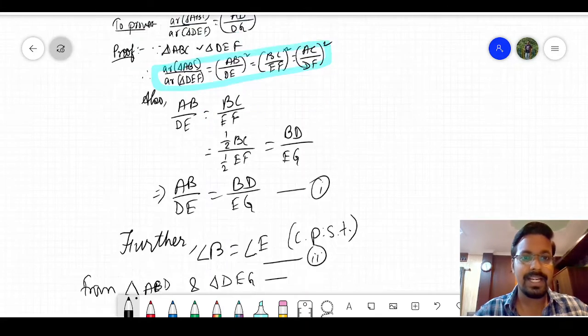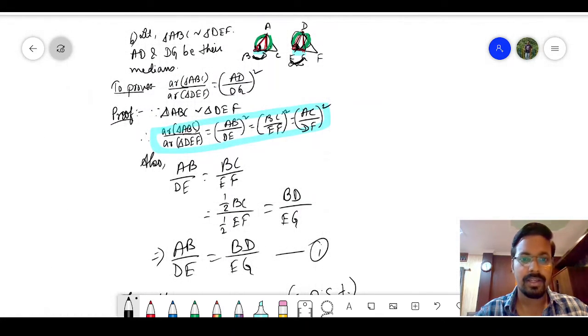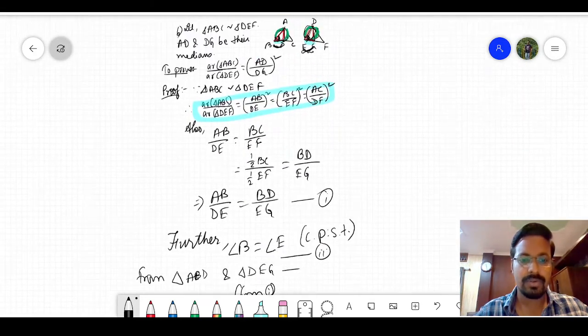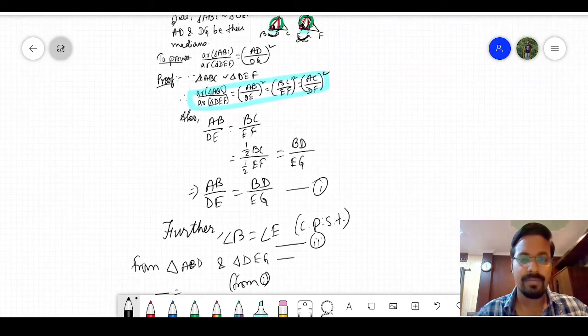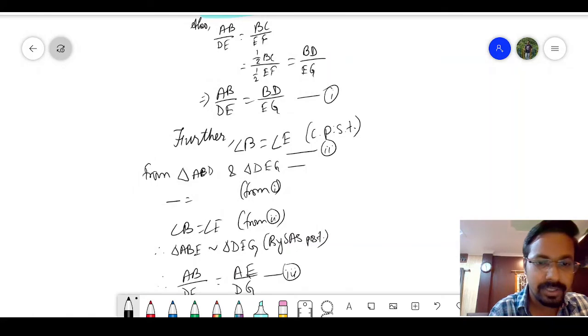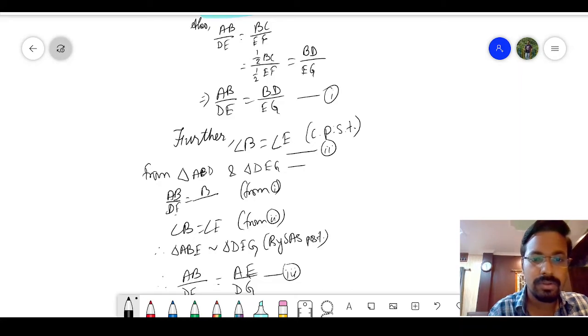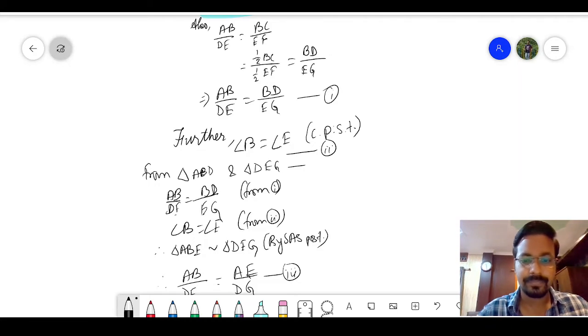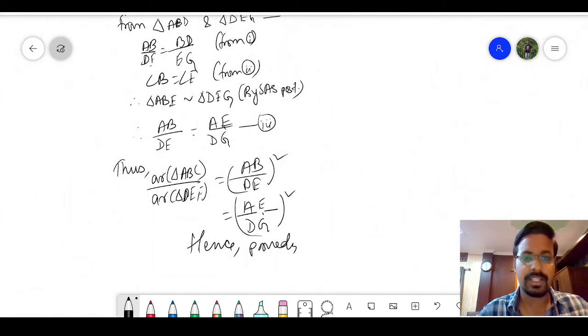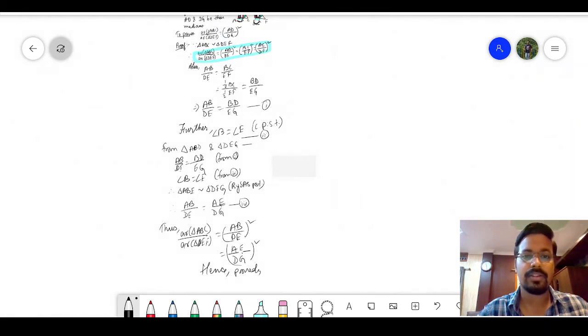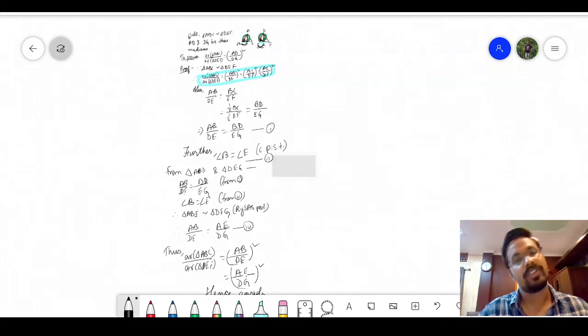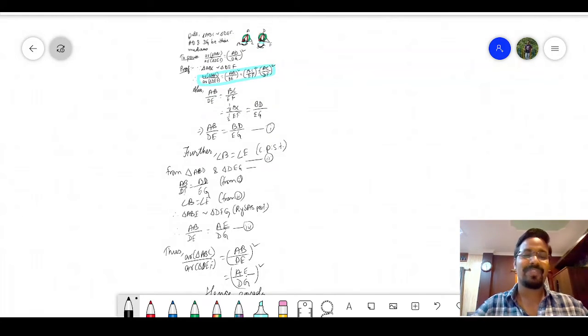Okay, so AB by DE, where did I get AB by DE? AB by DE is equal to BC by EF, yes, this part is correct. Number 1 is correct. So from triangle ABD and triangle DEG, we have AB by DE is equal to BD by EG. Yes, I was right actually. So that's how you prove it. Okay, I was actually right at the end. So this is how you solve question number 6.